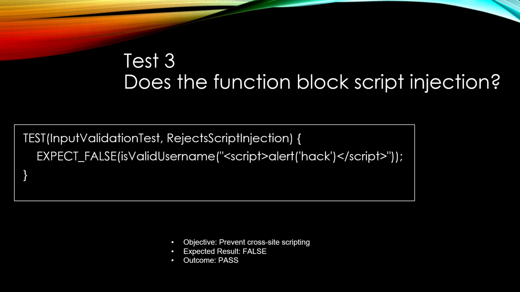If something like this were accepted, it could compromise user sessions, expose sensitive information, or redirect users to malicious content. The expectation here is that the function returns false and rejects the input. Since the test passed, it confirms that the validation logic prevents script-based attacks before they ever reach the application interface. This further reinforces the injection protections identified earlier in the threat matrix.